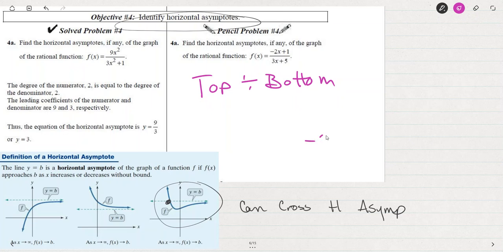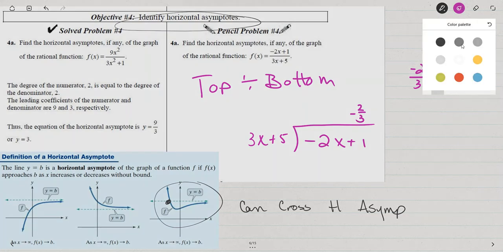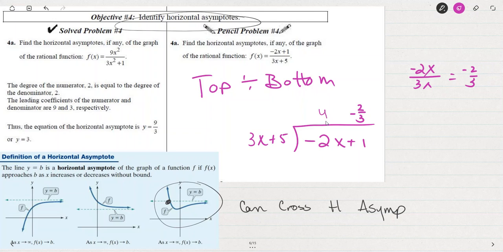It looks like this. Negative 2x plus 1 divided by 3x plus 5. So we're doing negative 2x divided by 3x. It's negative 2/3. And there's our asymptote. What we would do is fill in the y equals, and there's our asymptote.